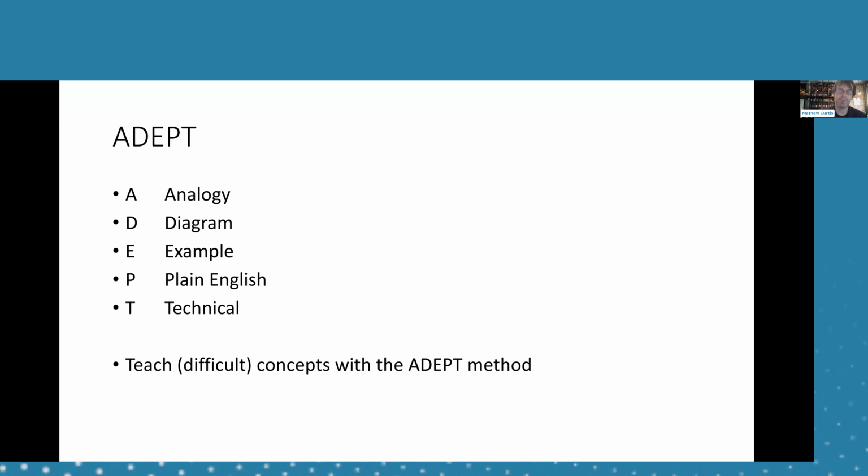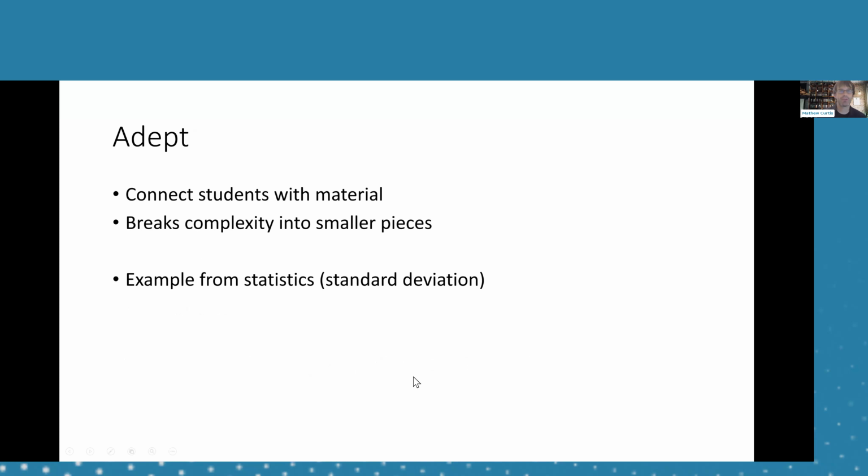The idea with this version of the ADEPT method is that it allows you to teach big concepts, which don't have to be, but often are, difficult for students because they're linking smaller components together for the idea. The advantage of the ADEPT method is it connects students with material, and it breaks complexity into smaller pieces, whether it's complex because it's difficult or because it's made of lots of small, simple pieces.